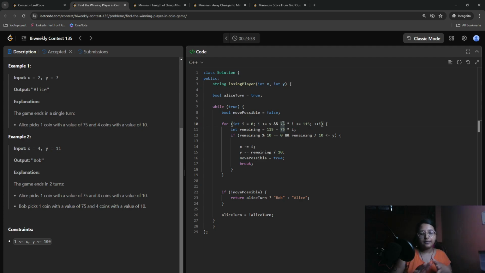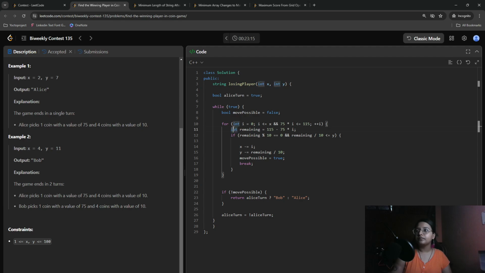Basically our i is less than or equal to the count of 75, and then 75 multiplied by i is less than or equal to 115, because the sum means count multiplied by the denomination of that particular coin, and it should not exceed 115. That is our target in this question. And then the increment of the for loop works the usual way.